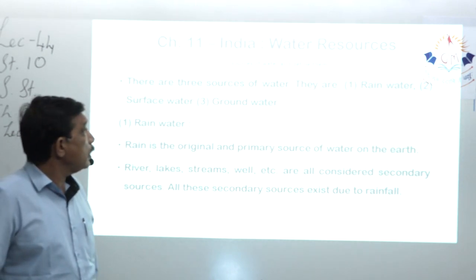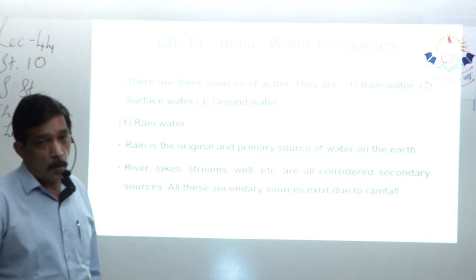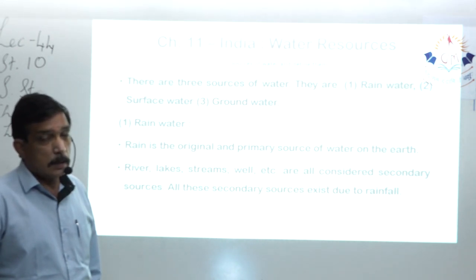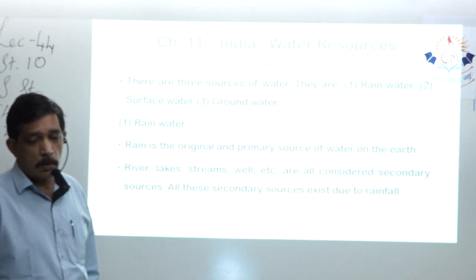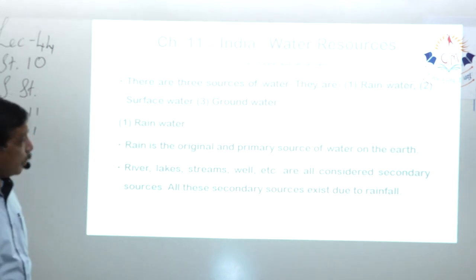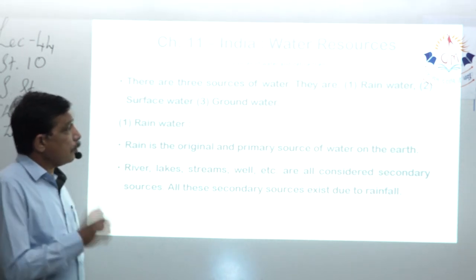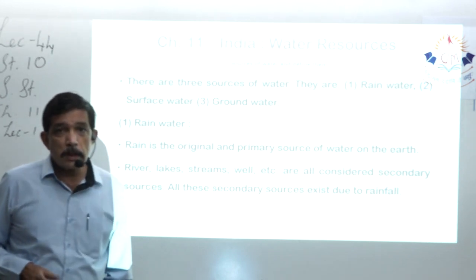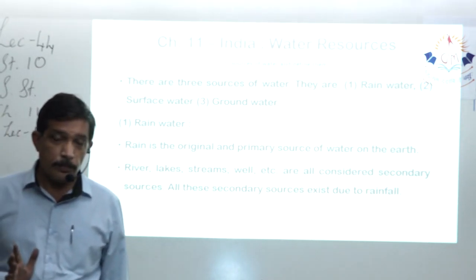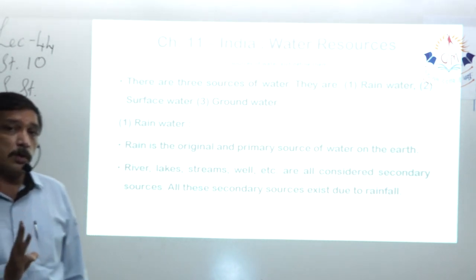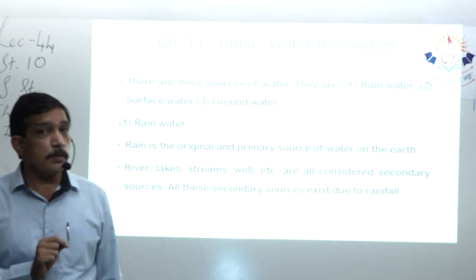There are only 3 sources of water. Please understand this. First is rainwater, second one is surface water, and the third one is groundwater. Three sources of water. Please understand this properly.